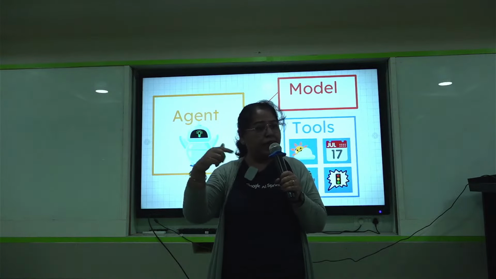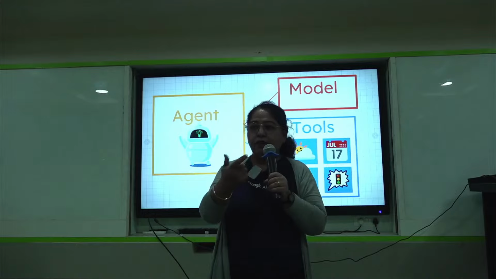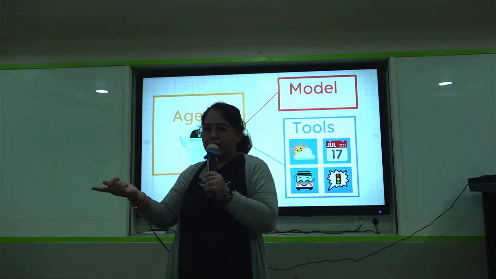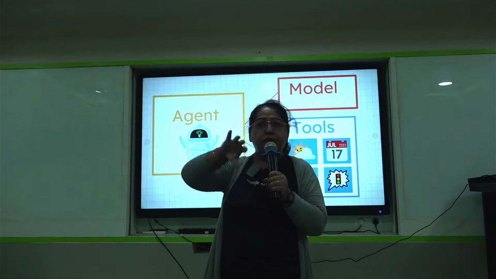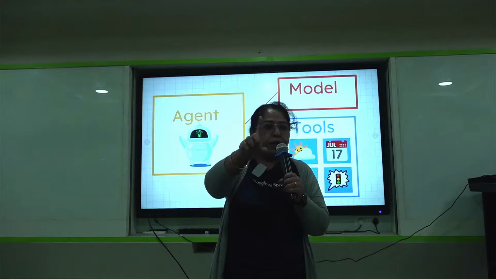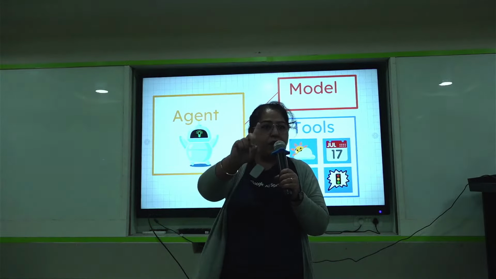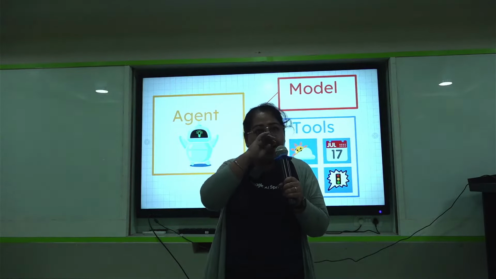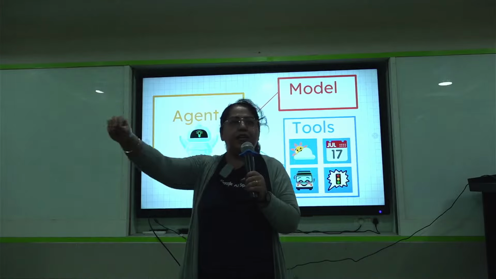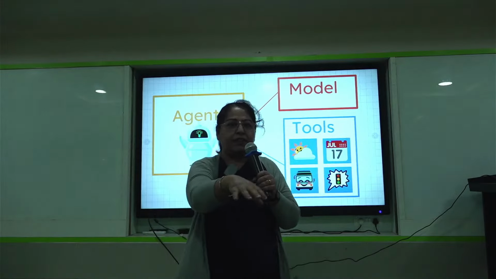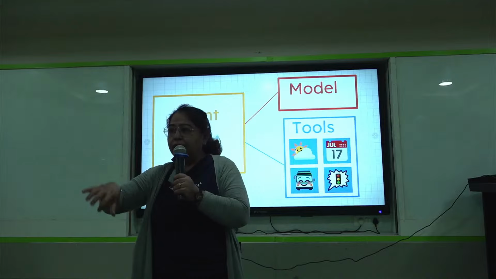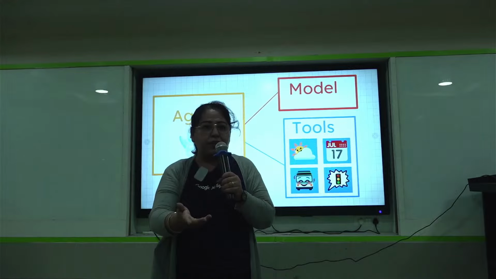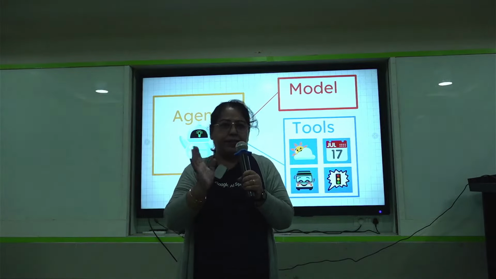One for designing, second for developing, third for testing, debugging. So all our employees are working on one project to get the same goal. Am I right? Like that, we have multiple agents. One agent will design, the second agent will generate code, the third agent will debug and test. So all things are done by the agents.